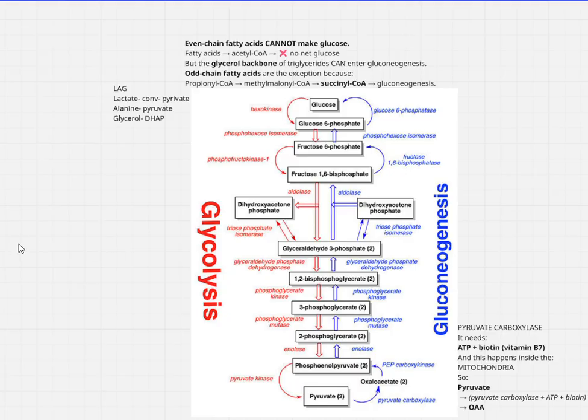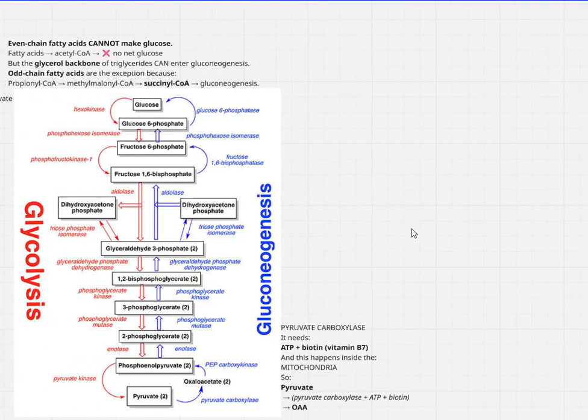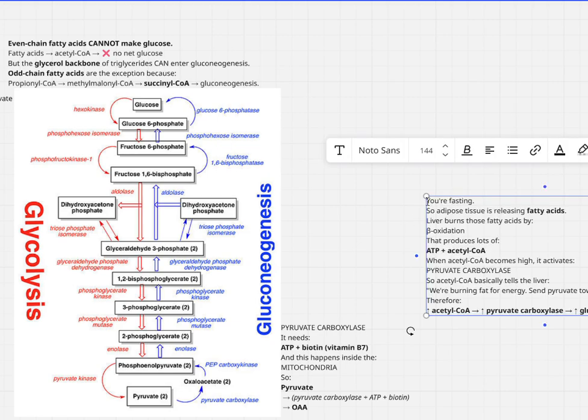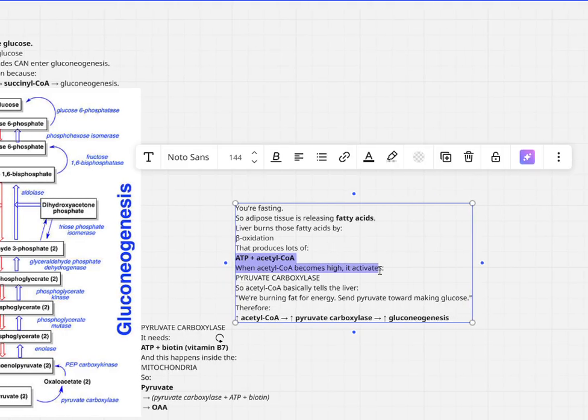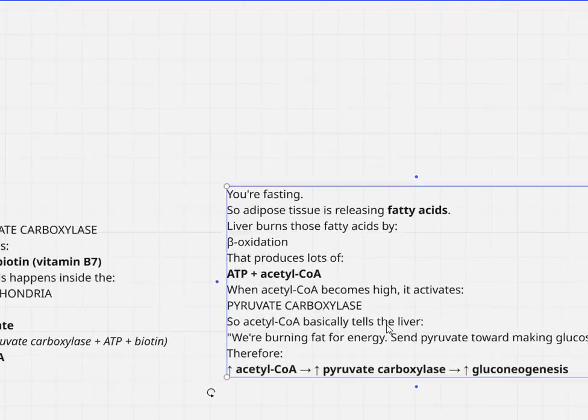So I am going to punch this down and we're going to go through this again because sometimes reading makes more sense than listening, right? Here we go. So the situation is that you're fasting, right? And your adipose tissue is releasing fatty acids.